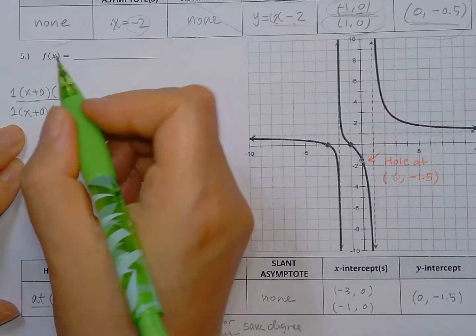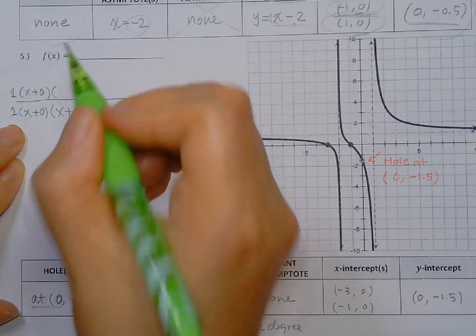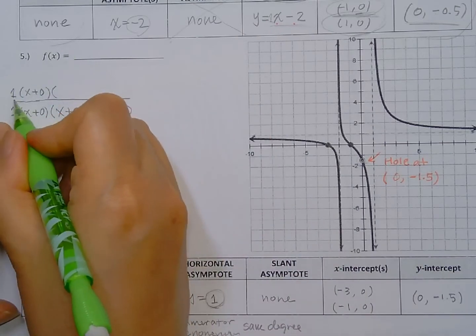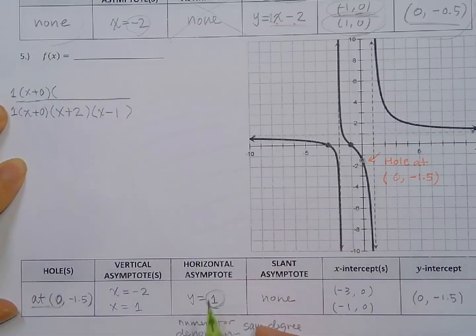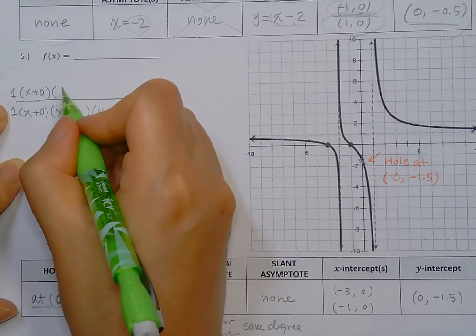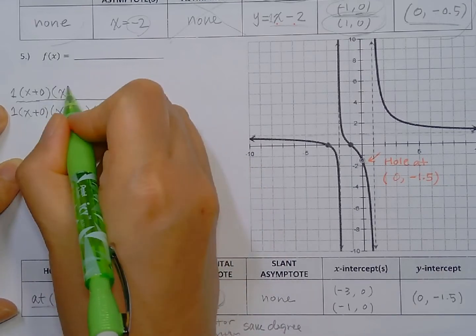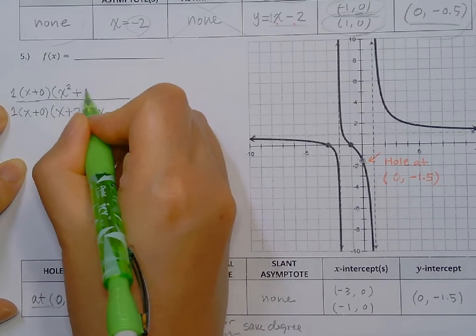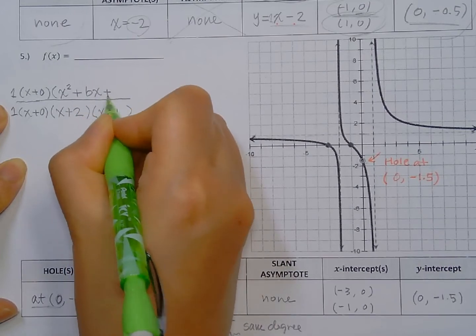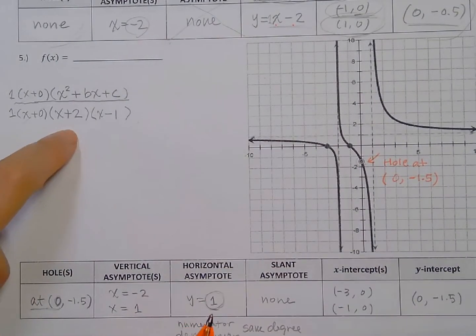So now I can make ax squared plus bx plus c, but we already determined the leading coefficient to be 1 over 1, so I don't have to worry about an additional a in front of x squared. So now I'm just gonna write x squared plus, I don't know b, I don't know c yet. So this could be the format that we can start with.